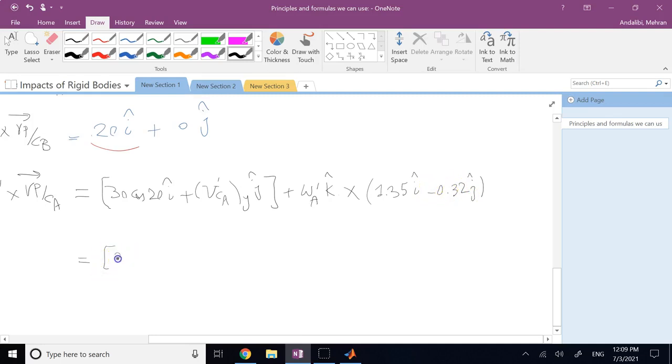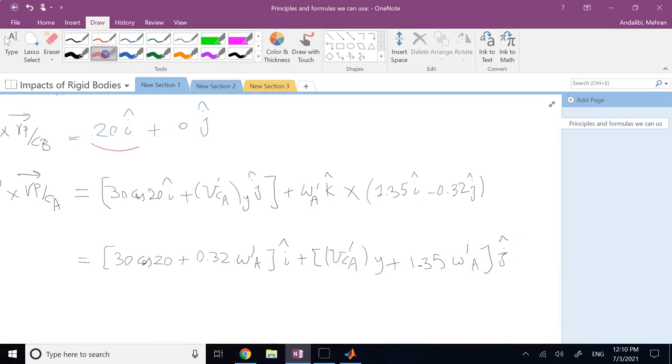So your i component is going to be 30 cosine 20 plus 0.32 times omega prime A. This guy is times i, and then your j component is going to be VCA prime y, plus 1.35 omega prime A. And again, all I care about is this i component.